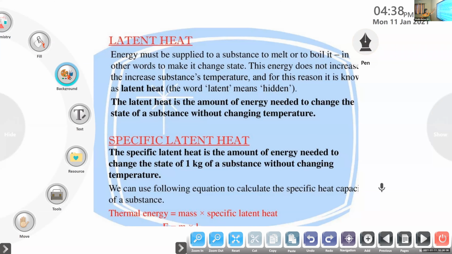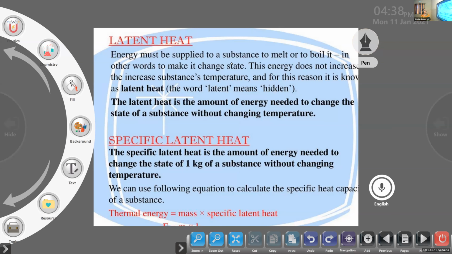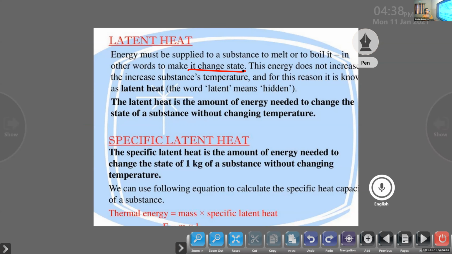So what do you mean by latent heat? Energy must be supplied to a substance to melt or boil it, in other words, to make it change state. I told you that in melting and boiling, heat is absorbed, while in condensation and sublimation, heat is released. This energy does not increase the substance's temperature; it only helps to change the state.